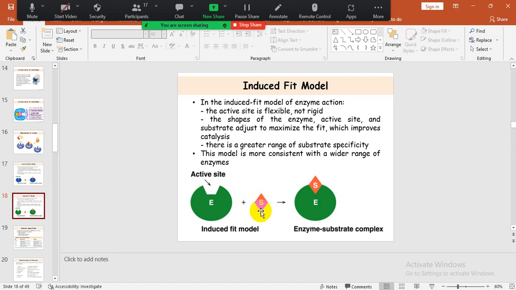The reactant. So you can see that it's different. But you realize that when the substrate comes into the proximity of the active site and binds to it, then this enzyme will compromise.